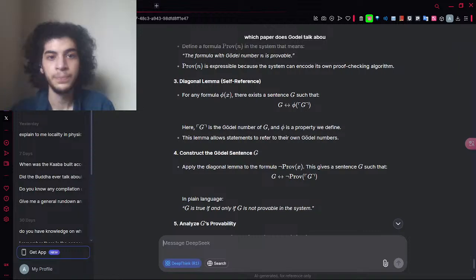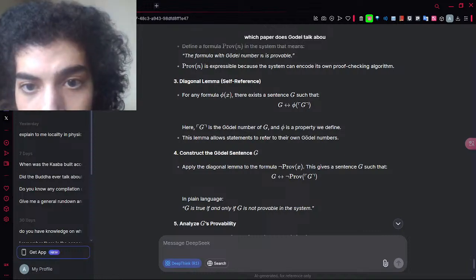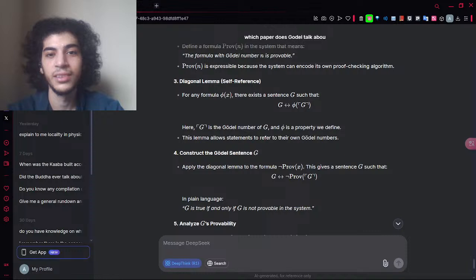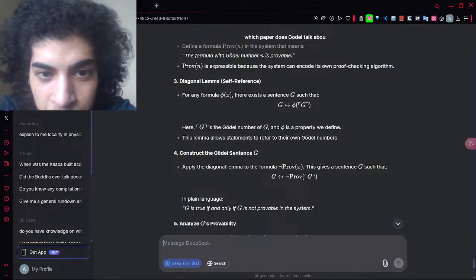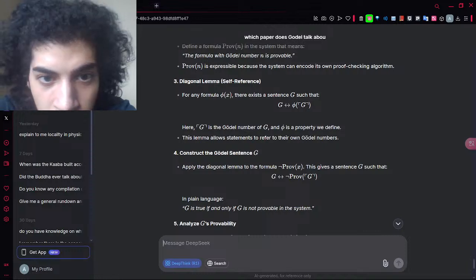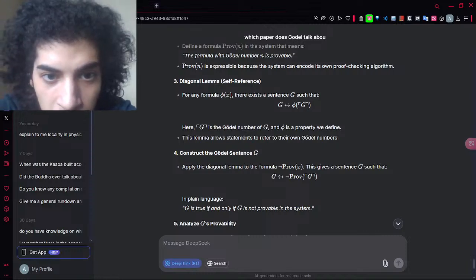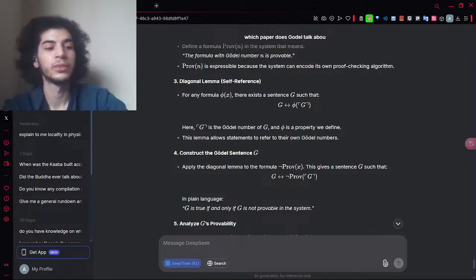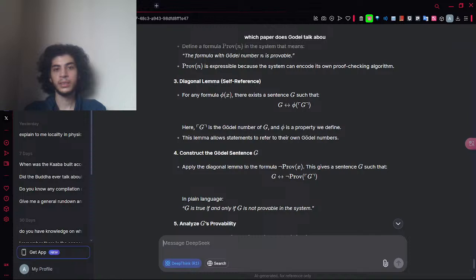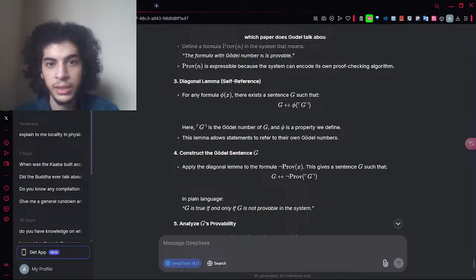For any formula phi of x, there exists a sentence G such that G is equivalent to phi of the Gödel number of G. What does that mean? Is that like G bar? So here G bar is the Gödel number of G. Okay, so G bracket is the Gödel number of G, and phi is a property we define.